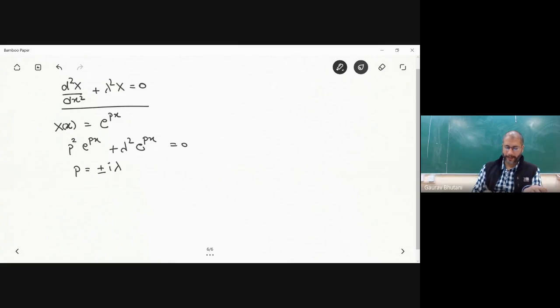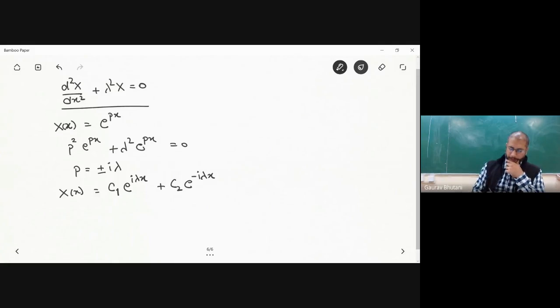Since you have two solutions, you get a linear combination because it's a linear equation. The most general solution is some c1 times e to the power of i lambda x plus c2 times e to the power of minus i lambda x. Here i is the square root of minus 1.